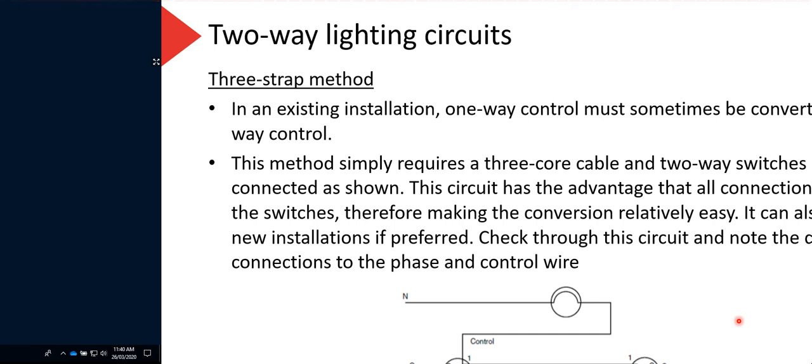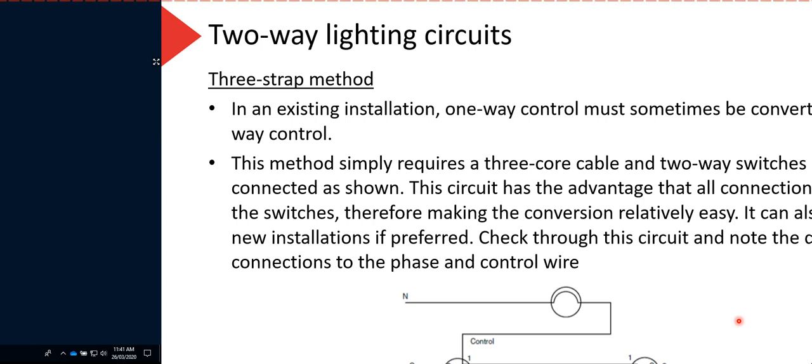A three-strap system allows us to have the feed coming in from the switchboard and the control going out to the light coming from the same switch, which is really useful if we are doing a retrofit. So we're putting two-way lighting into an existing installation where the switching is currently one way.